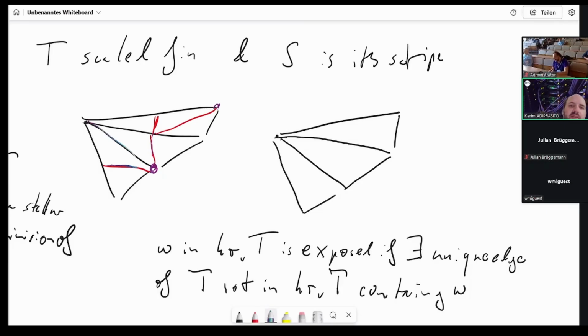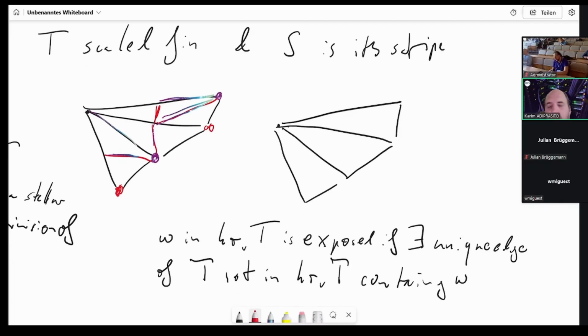This vertex is also not exposed, all right? Because there's this edge and then there's this edge. All right, but this vertex here and this vertex here, those two are exposed. Okay, so now let's think of this as if we were doing a collapse.